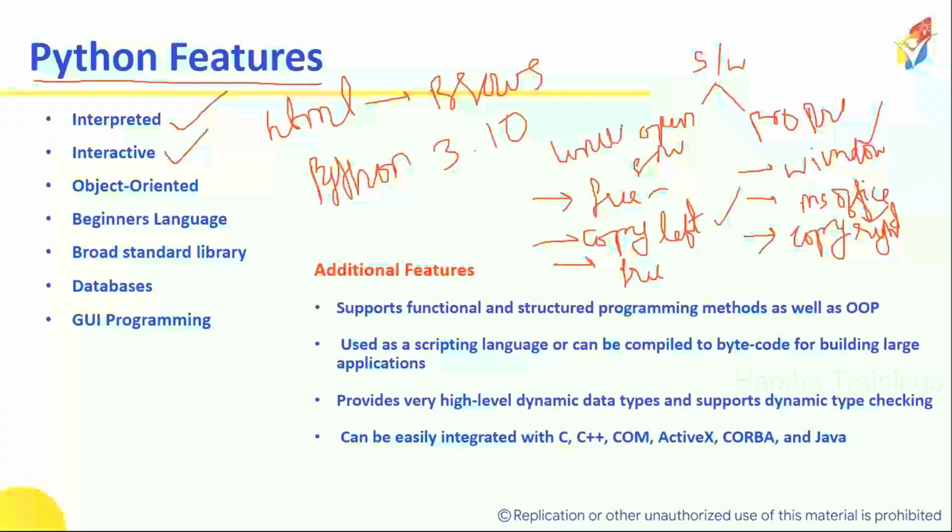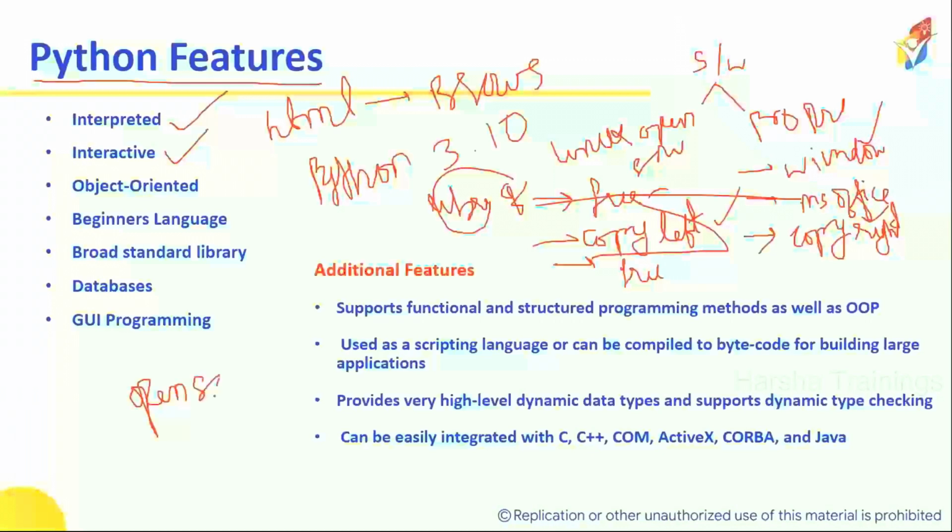Linux is an operating system that is copyleft. And opposite to OpenOffice, we have LibreOffice in Linux. That is also open source. That means if you want to use LibreOffice, no need to pay even a single rupee, because it is copyleft. It is free and open source. Like that, Python is also open source software.